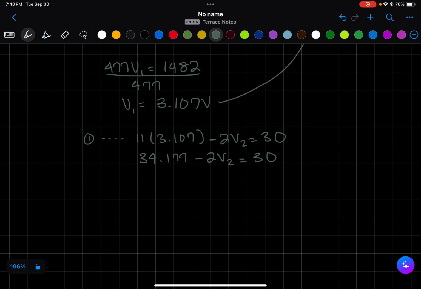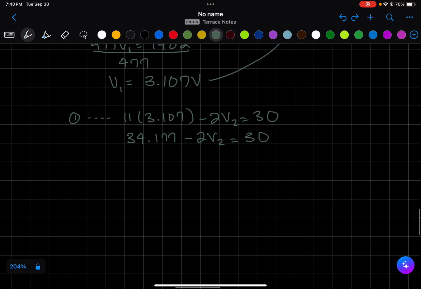We're going to move this constant to the other side by subtracting it on both sides. So it's going to be 30 minus 34.177, which is negative 4.177.